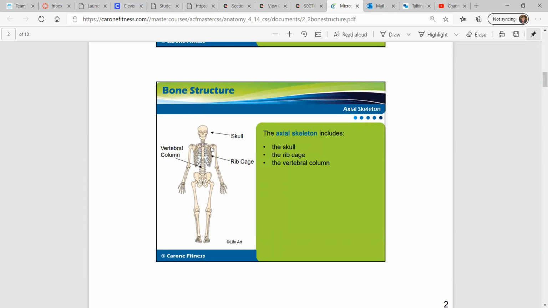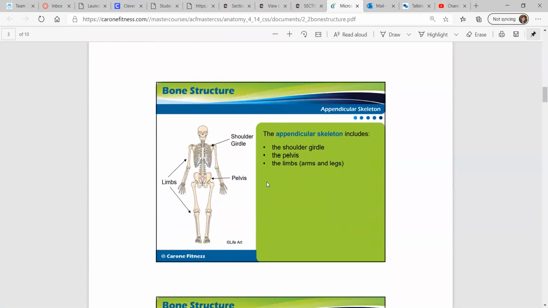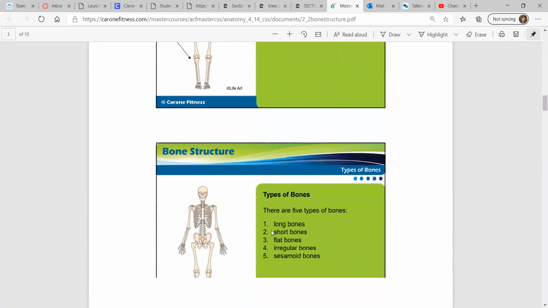So the skull up here, rib cage in your middle body, and then the vertebral column, your spine. And the appendicular skeleton includes the shoulder girdle, the pelvis, and limbs, your arms and legs. So shoulder girdle, pelvis, limbs. All right.